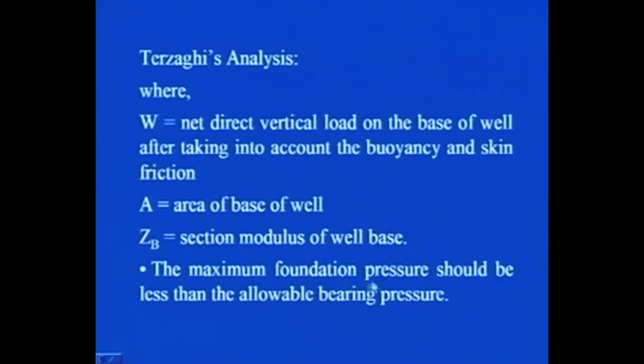The maximum foundation pressure should be less than the allowable bearing pressure. We know how you can get this allowable bearing pressure using the SPT test data, and you have seen how to find the maximum and minimum base pressure. The maximum foundation pressure should always be less than the allowable bearing pressure.